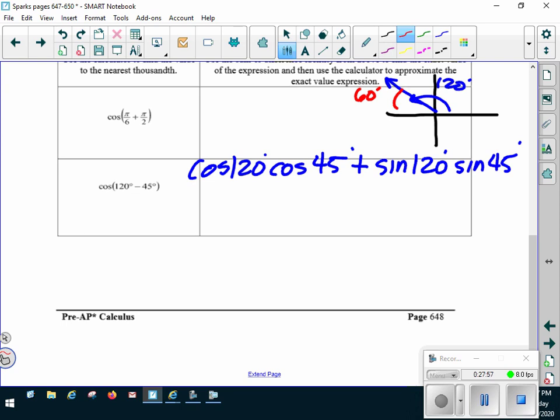What's the cosine of 60 degrees? It's a half, so negative half. Cosine of 45 degrees? Square root of 2 over 2, good.